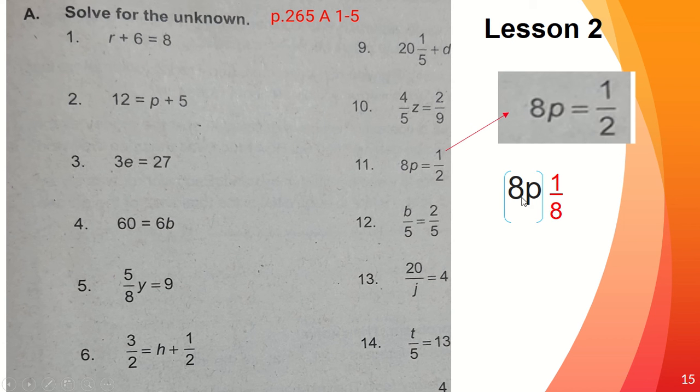So the reciprocal of 8 is 1/8, equals 1/2 times 1/8. So kung ginawa mo dito, you will also do on the other side. So P equals 1 over 16. So that's the answer for number 11. So sa inyo, ang sasagutan nyo, 1 to 5. I think it's easy to solve kasi may sample naman tayo.